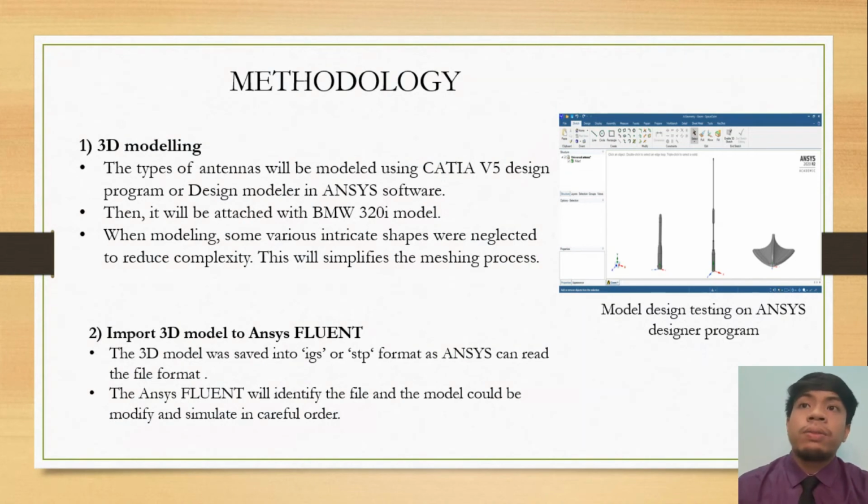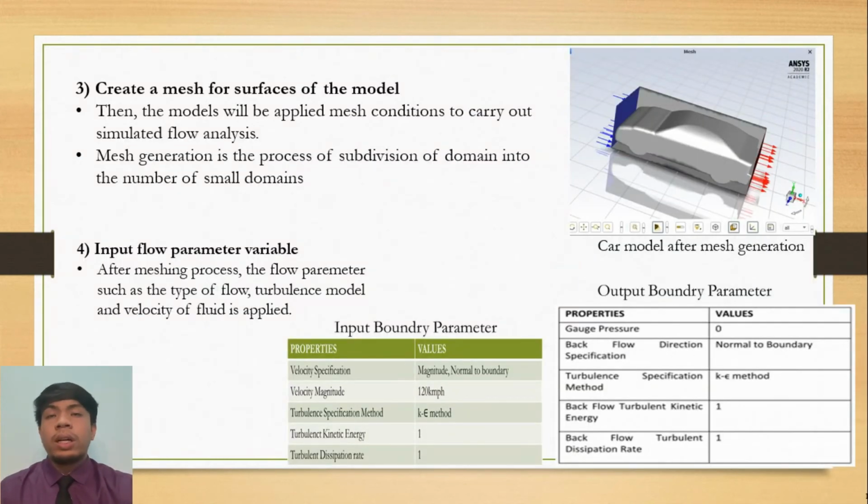The first step is the 3D modeling, where the antennas will be modeled using CATIA V5. Then, the 3D model will be imported to ANSYS for simulation. After that, the models will be applied mesh conditions to carry out simulated flow analysis. After the meshing process, the flow parameters such as the type of flow, turbulent model, and velocity of fluid are applied.